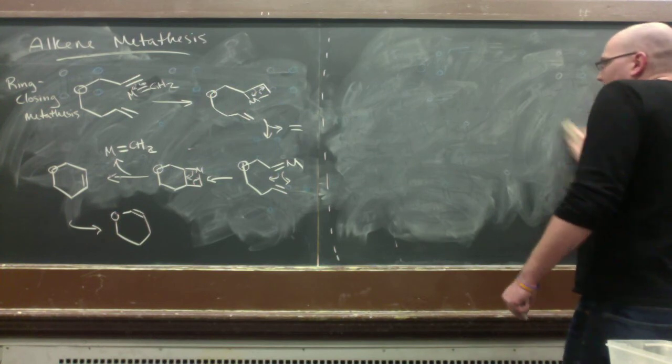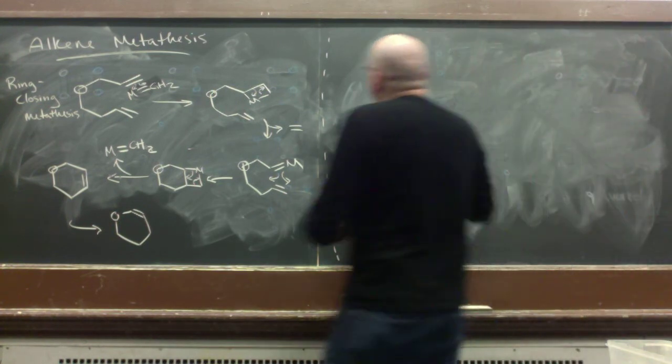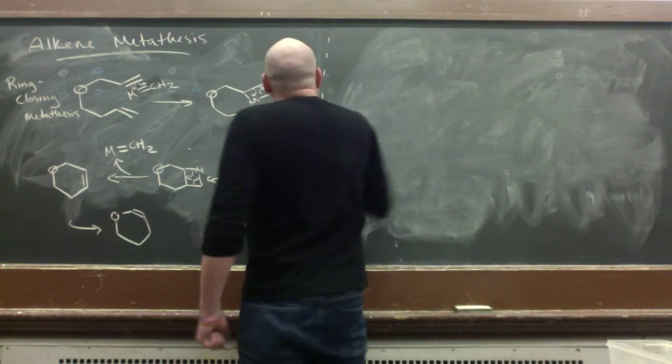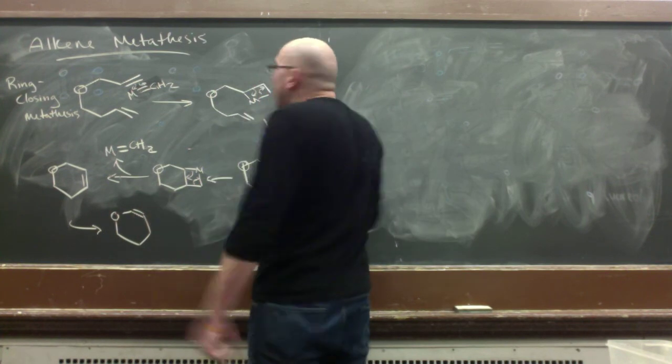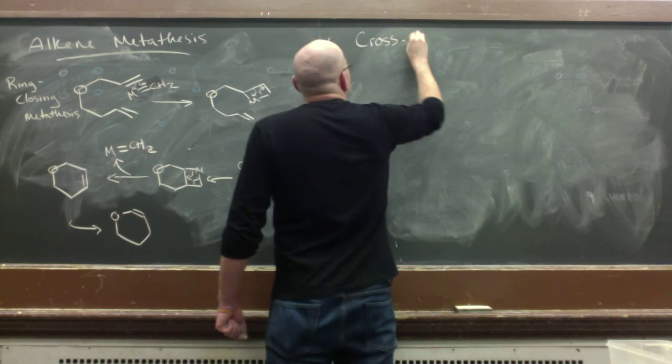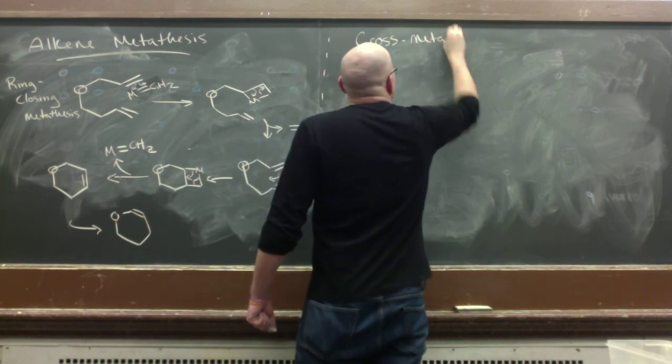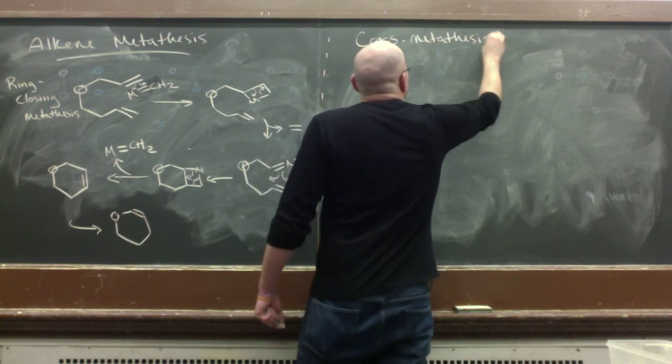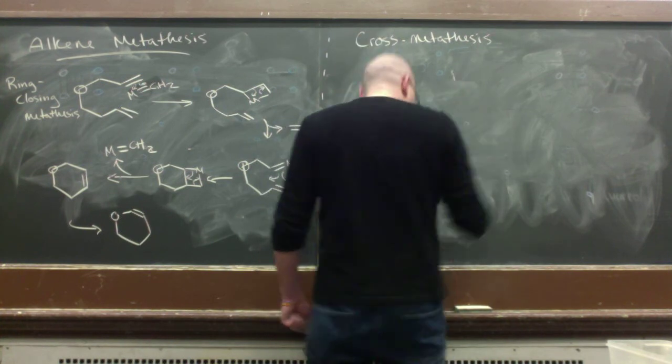And there were really 2 advancements that were made. Well, there's lots of advancements that continue to be made, but perhaps 2 of the big advancements, particularly as related to cross metathesis. Okay, and so what we're talking about for alkene cross metathesis.